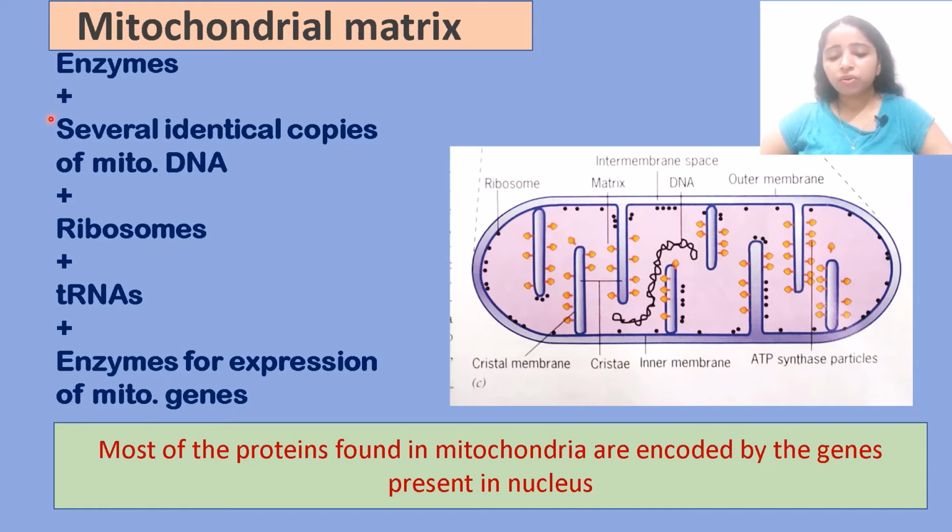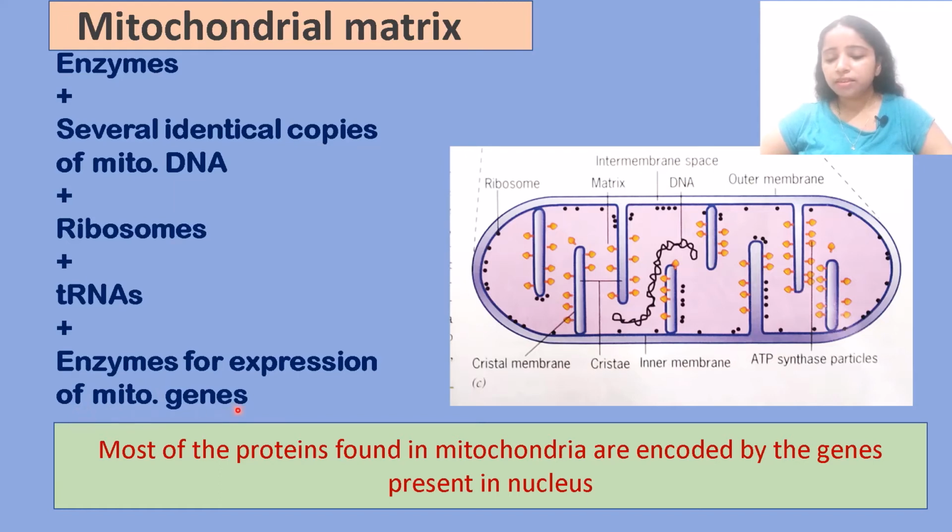The mitochondrial matrix also contains several identical copies of the mitochondrial DNA genome, and mitochondrial ribosomes are also present in the matrix. These ribosomes are smaller in size than the cytosolic ribosomes. tRNAs are also present in the mitochondrial matrix, and the matrix also contains enzymes which are required for the expression of mitochondrial genes.